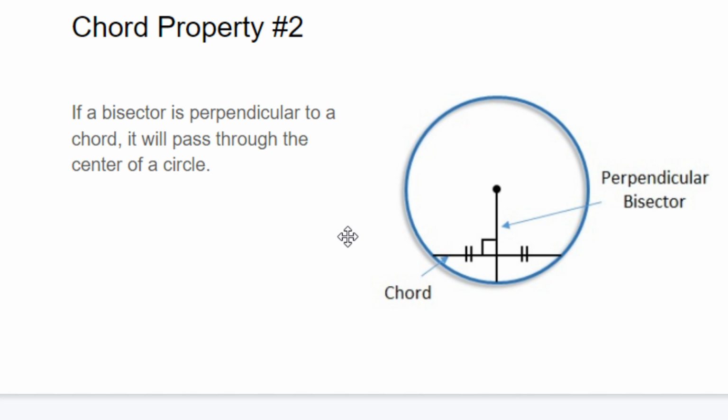And alternatively, you can flip that on its head. If you're not told that this is the center, and if a bisector is perpendicular to a chord, it will pass through the center of that circle. So if you're just given this line and it's 90 degrees, you know that that line will hit the center of the circle at some point.